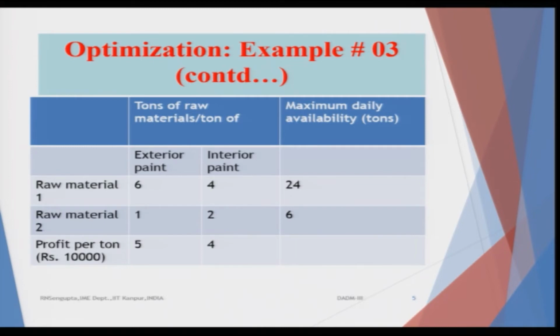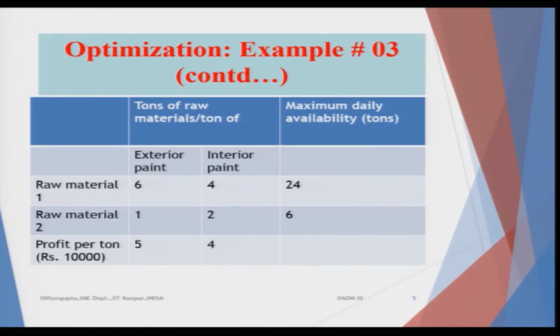As per the problem formulation, you will need 6 tons of raw material per ton of exterior paint. It was 6 for raw material 1 and 4 for raw material 1 for interior paint. Similarly, the values corresponding to raw material 2 were 1 and 2, and the maximum values available for raw material 1 and raw material 2 were 24 and 6.